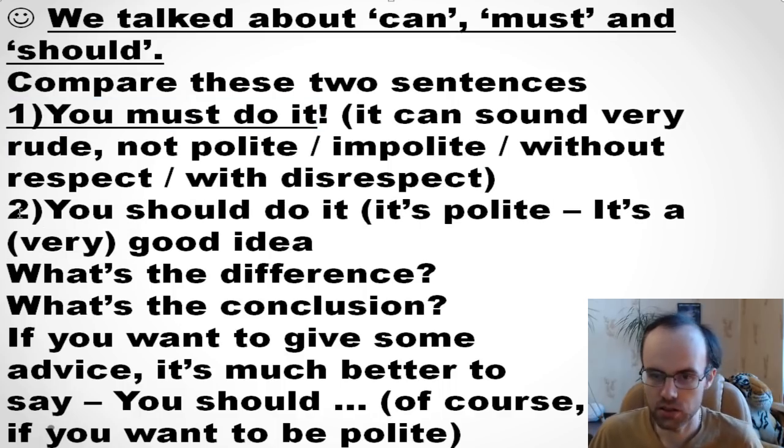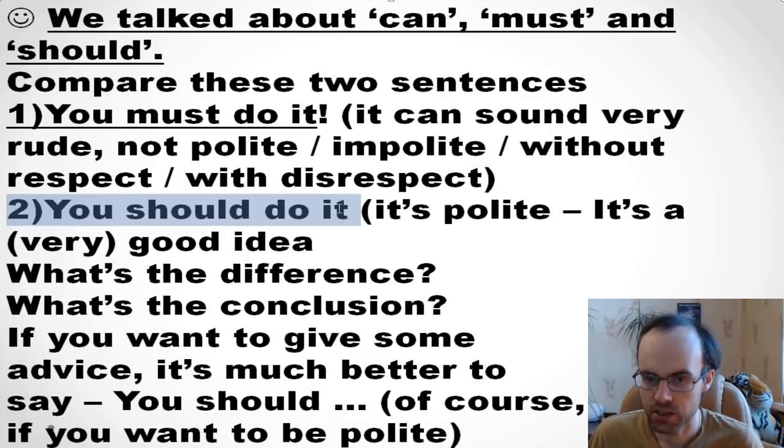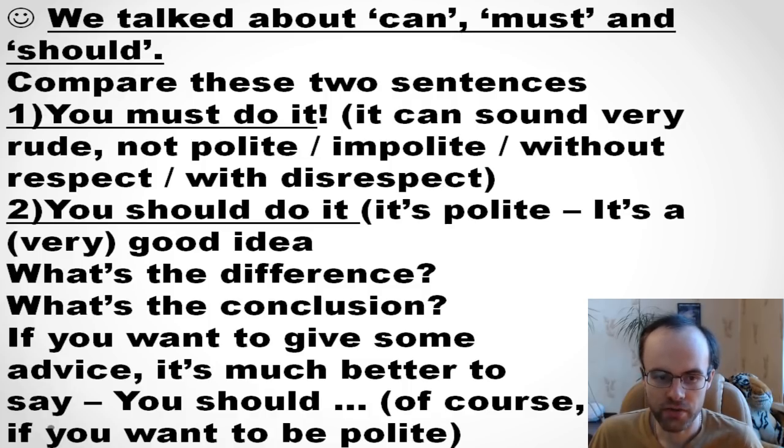And second, you should do it. It's polite. It's a very good idea. What's the difference? What's the conclusion? If you want to give some advice, it's much better to say you should, of course, if you want to be polite. Okay, very good, my friends.